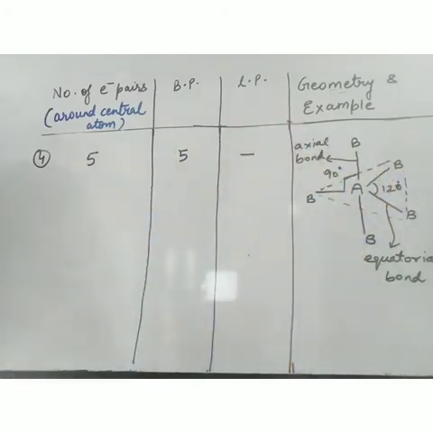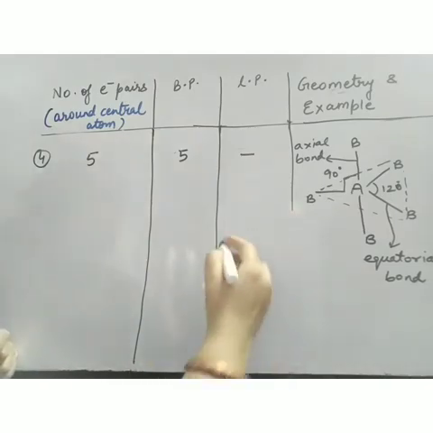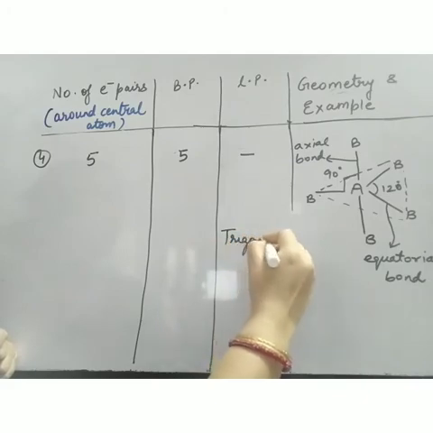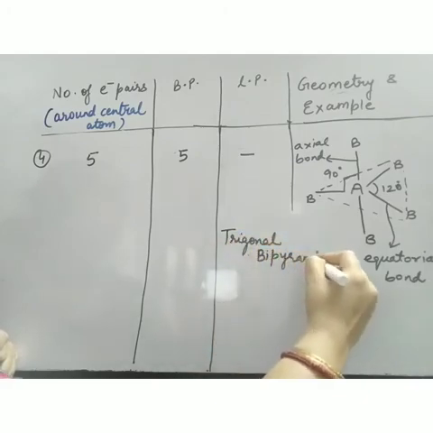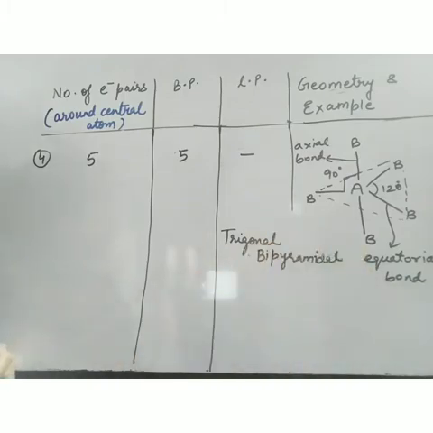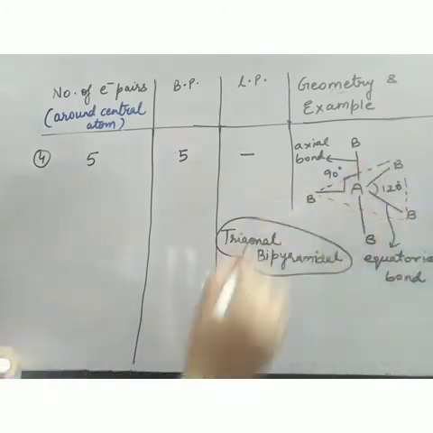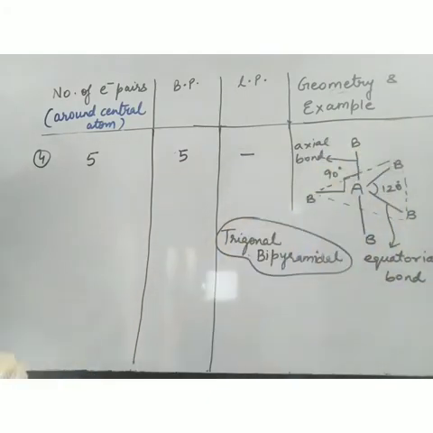Now what is the name of this geometry? This geometry is known as trigonal bipyramidal. This is a triangle, and bipyramidal means one pyramid is up and one pyramid is down. So this is your trigonal bipyramidal geometry.